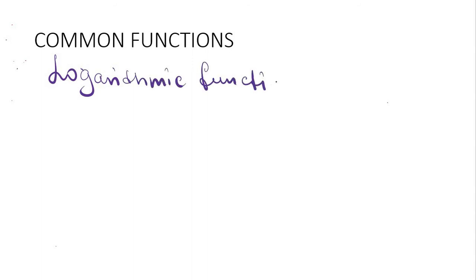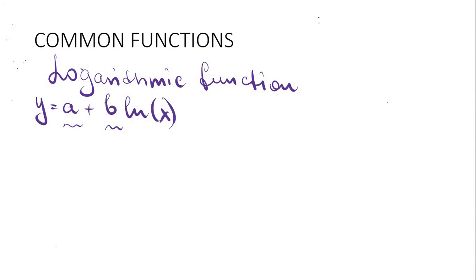So another function we're going to use a lot for designing regression models is the logarithmic function. So it's described by this equation: y is equal to a plus b times the natural logarithm of x, where a and b are constants.